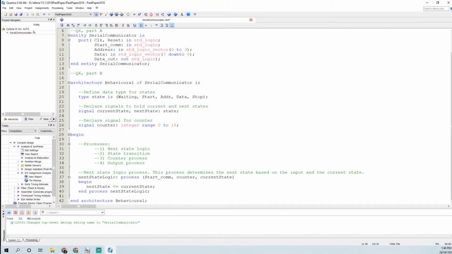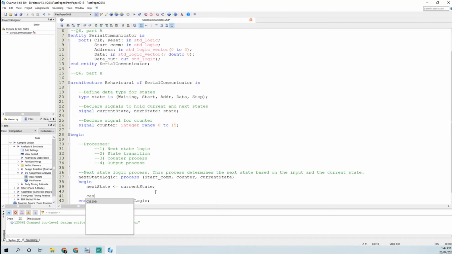The purpose of this is, if current state changes in another process, however it's not time for us to move on to our next state, then the second process, which takes care of the transition and always assigns the current state the value of next state, will just allow the current state to stay within itself. So this is a very important line, and it's always necessary.